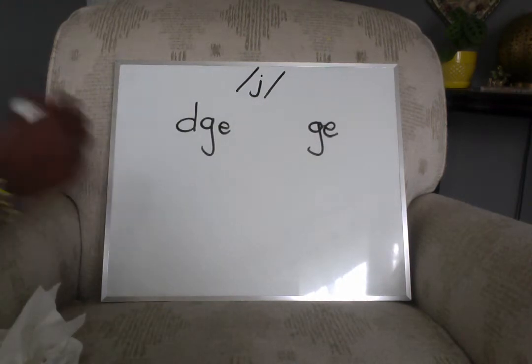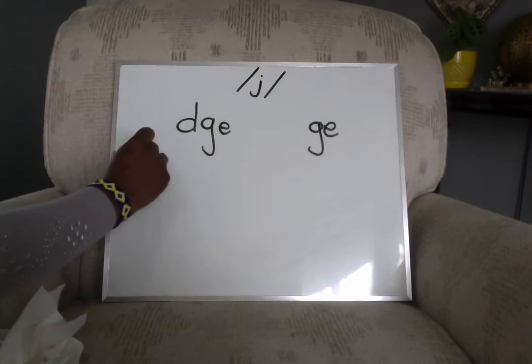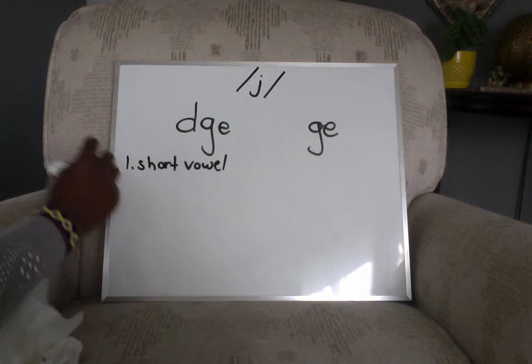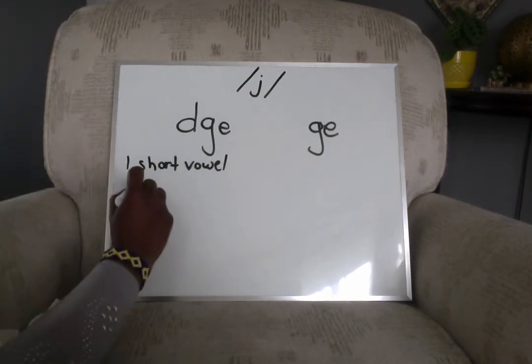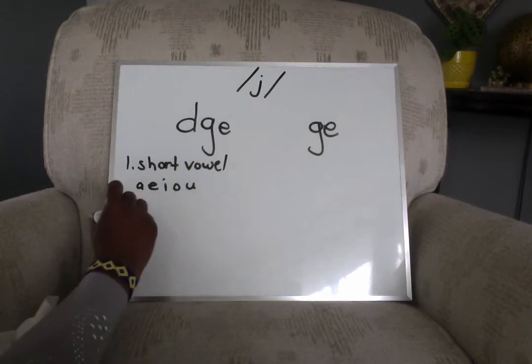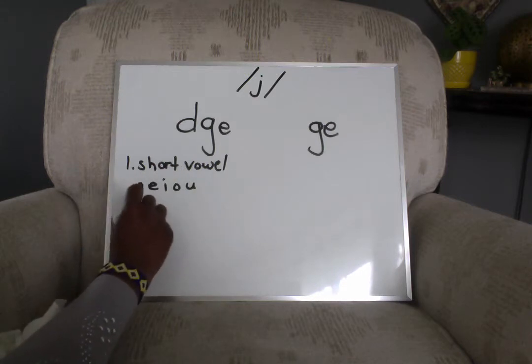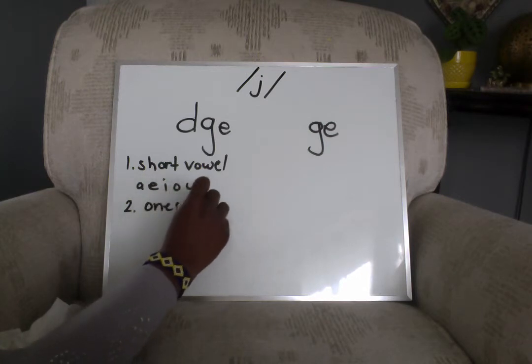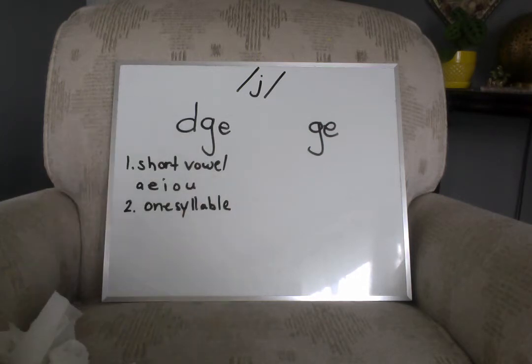When you have a short vowel, and remember, a syllable is a word or a part of a word that has a vowel sound.